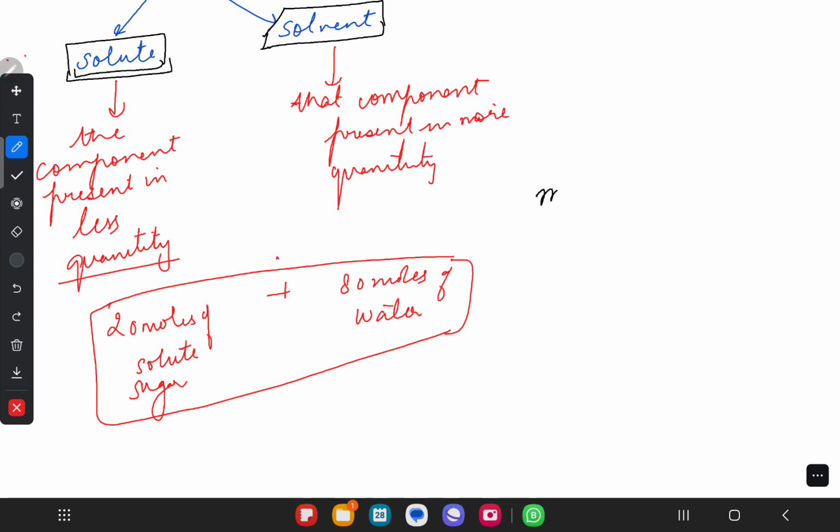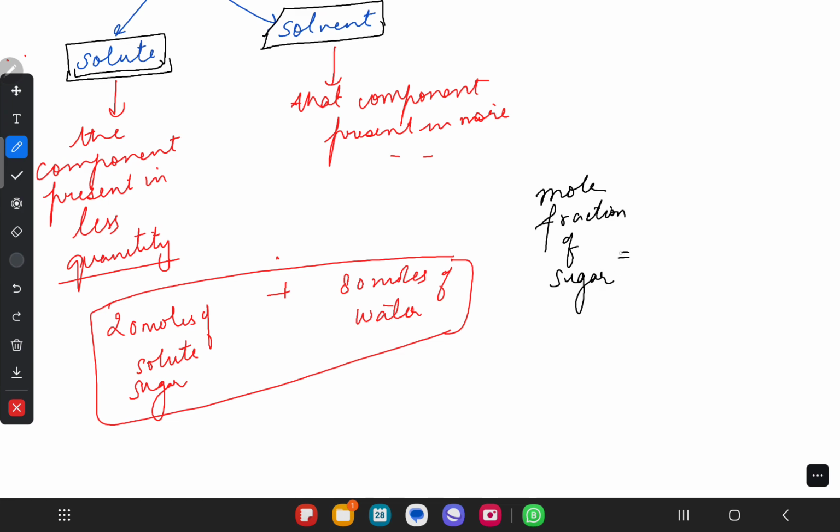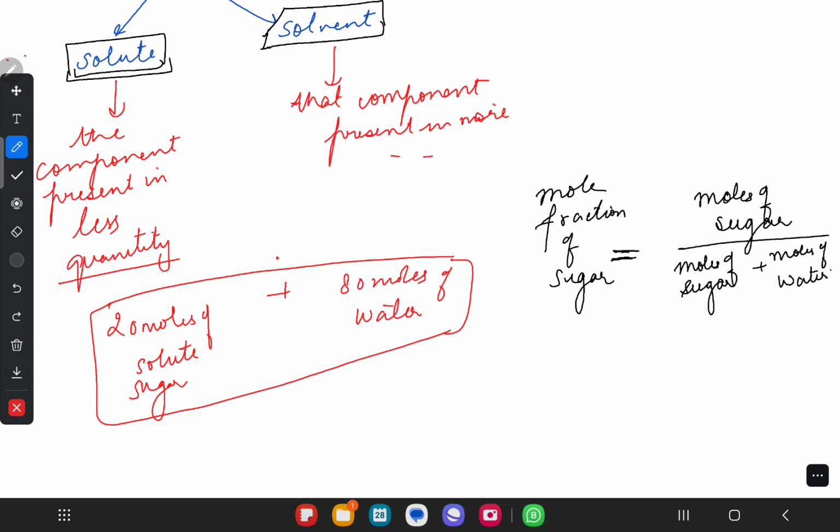So what is the mole fraction? Mole fraction of sugar is the moles of sugar upon moles of sugar plus moles of water.